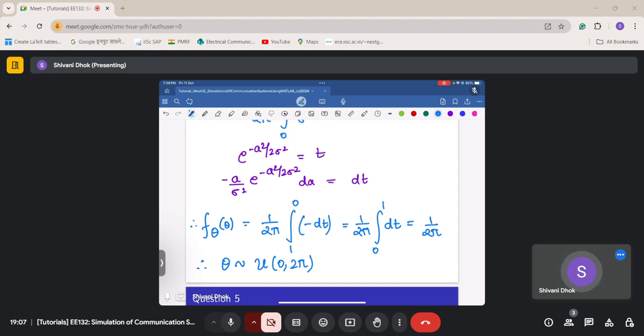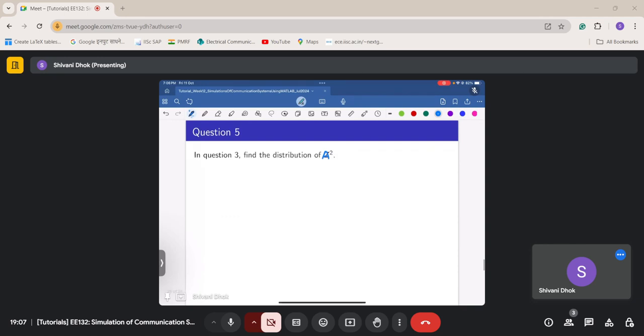Okay, if there are no further questions, let me move on to the next question then. So this question says that in question 3, find the distribution of a square. So what was your a? A was your amplitude, and what we know about a is that f of a comes out to be equal to a by sigma square into e power minus a square by 2 sigma square.